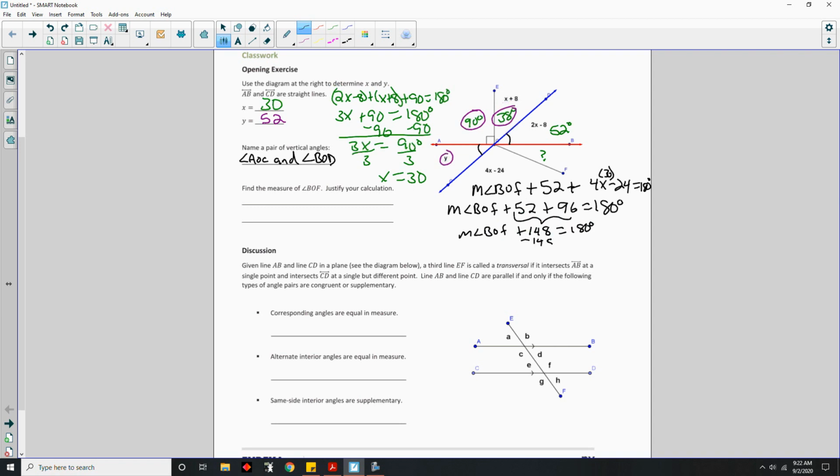Subtract 148 and we are done. So the measure of angle BOF equals 180 minus 148, which is 32. So I'd say the measure of angle BOF equals 32 degrees.